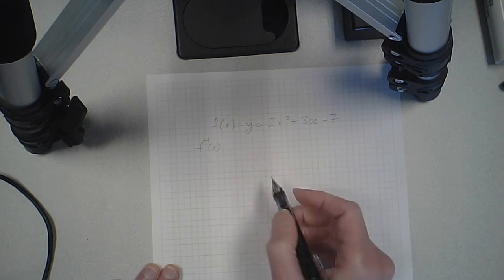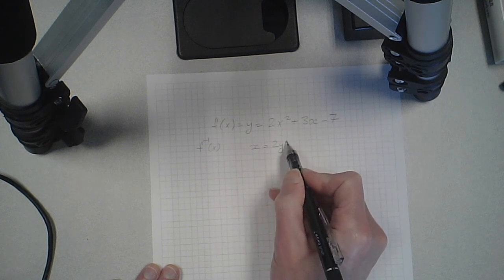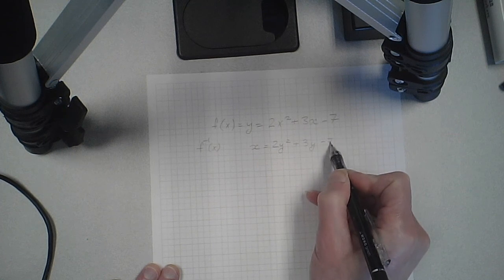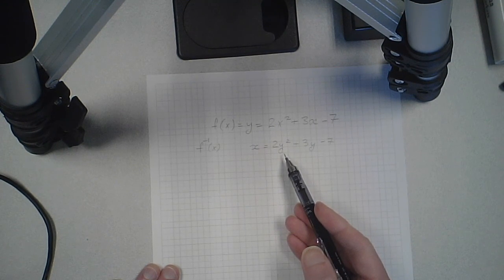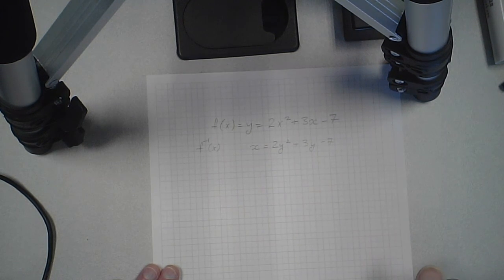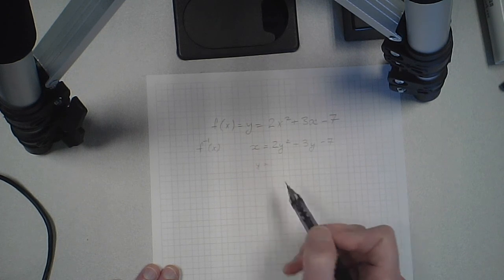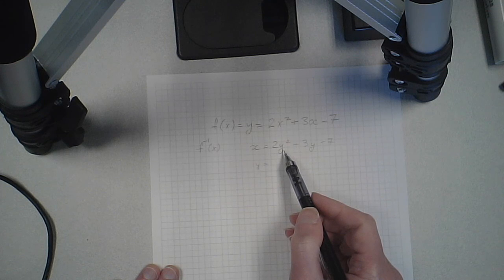So let's swap all x's and y's. X equals 2y squared plus 3y minus 7. Now we'd like to figure out what is the y. Sometimes we cannot, right? Sometimes this is the best we can actually do. We don't have an expression here for y equals something. We cannot actually grab the y out of it.